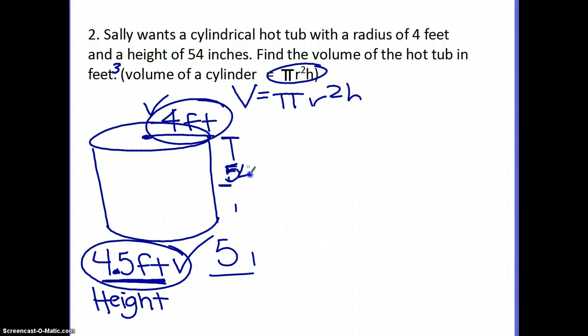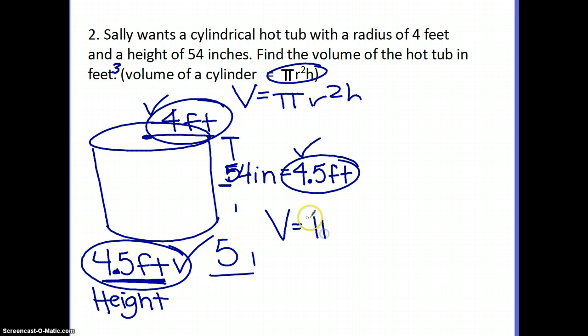So again, that was 54 inches, but we now know that's 4.5 feet. And we're going to use this number instead of the 54, because we want all the units to be in feet. So our volume is pi times the radius.